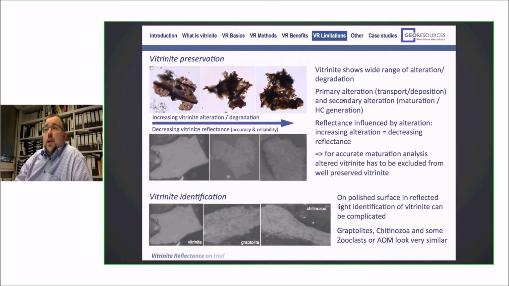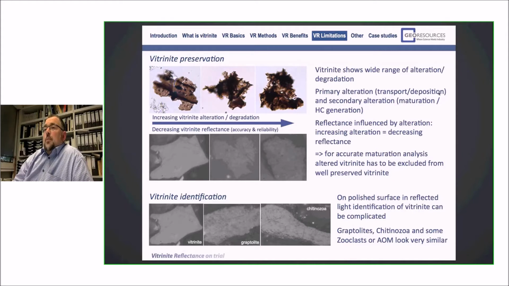The first one is the primary alteration, which happened during transport and deposition. As we know, all these particles come from land plants, and a lot of the vitrinite that we work with is in marine environments, shallow marine environments, shelf environments. So they have quite a transport to get into these systems.